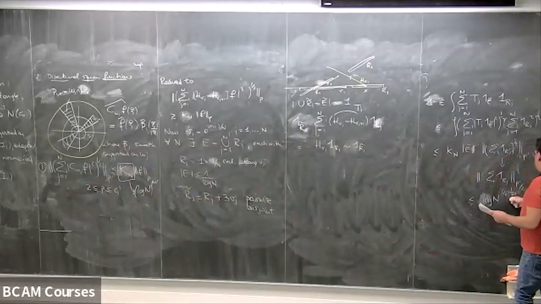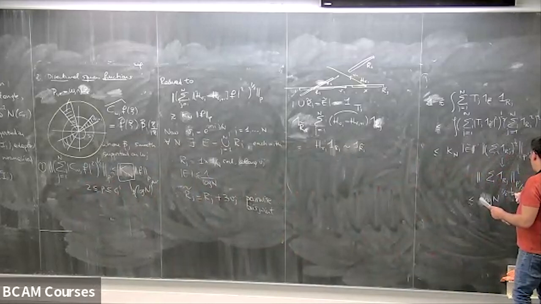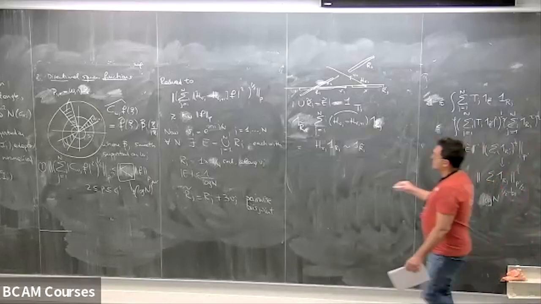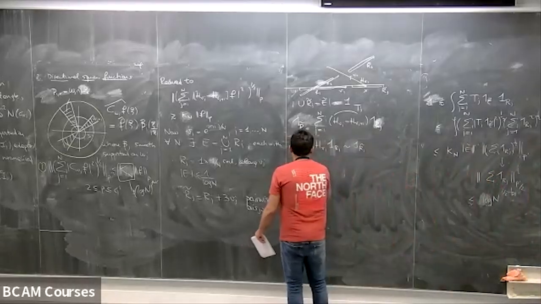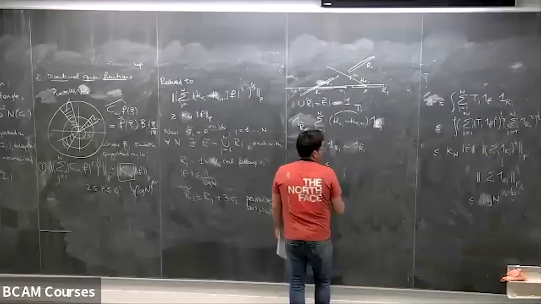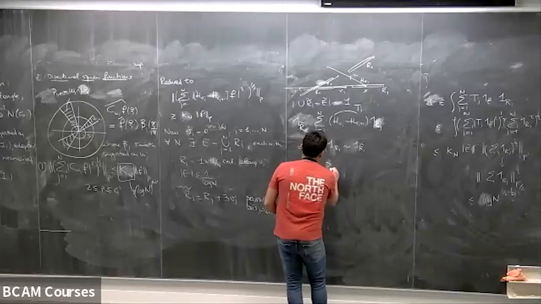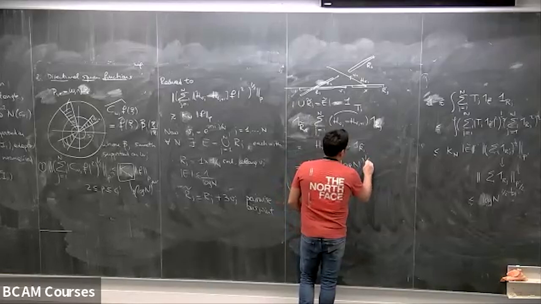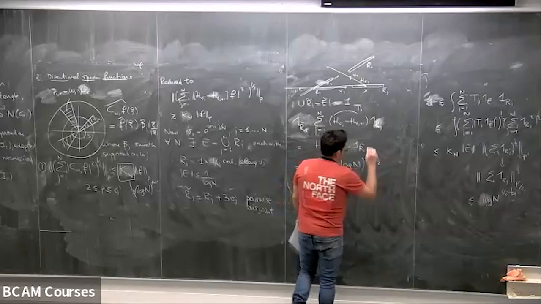Okay, now this tells me that Kn is greater or equal than log n to the 1 over p prime minus 1/2.